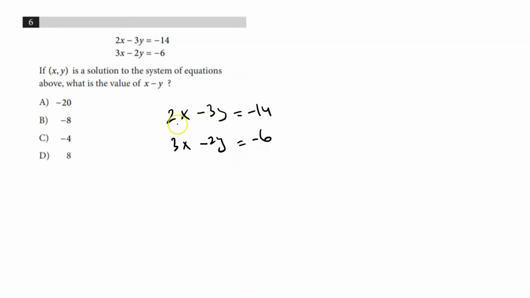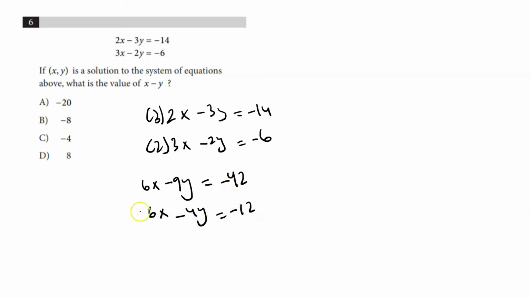I want to cancel this x term, so I have to multiply this top statement by 3 and this bottom statement by 2. So 3 times that and 2 times this. Rewriting this as 6x minus 9y equals negative 42, and 6x minus 4y equals negative 12.